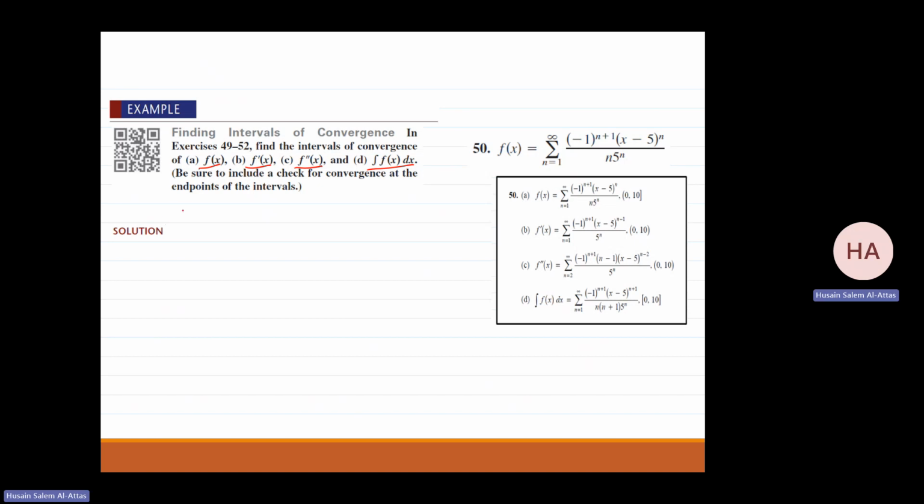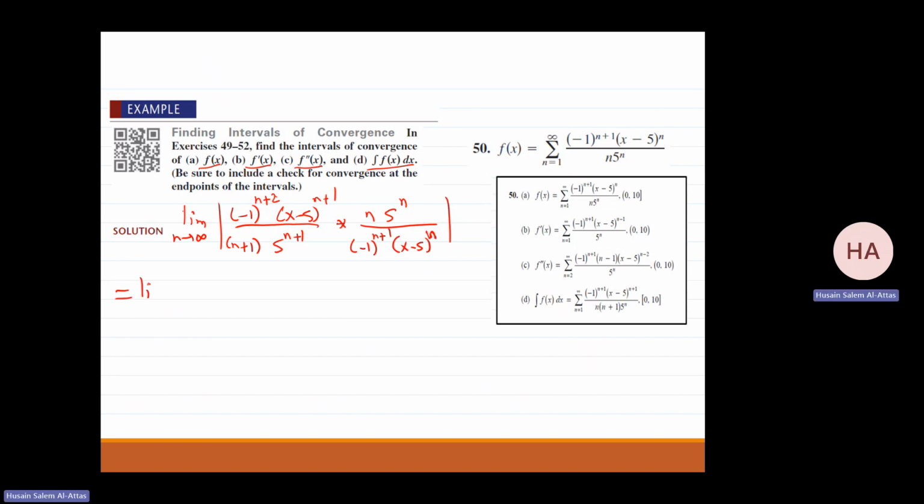What will be the limit as n goes to infinity of -1 to the power n plus 2, x minus 5 to the power n plus 1 over n plus 1 times 5 to the power n plus 1, times the reciprocal of that, n times 5 to the power n over -1 to the power n plus 1, x minus 5 to the power n.